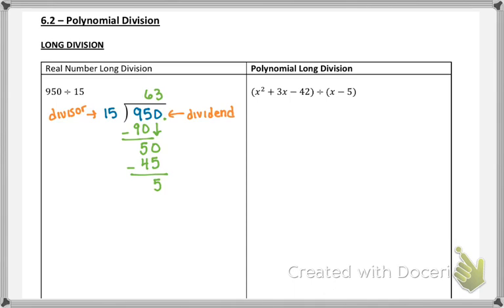And so some of you might say, well, then my answer is 63.33333, which is correct. And 63.33 is just 63 and a third.